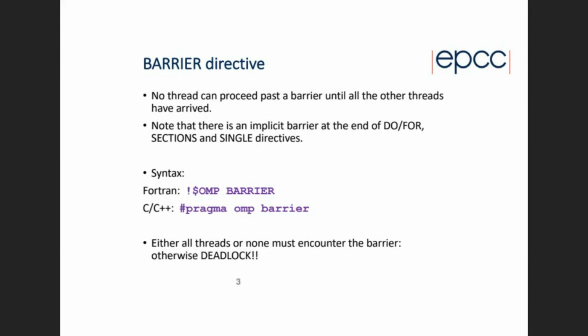It does not have a block of code associated with it, and so it really just says, at this point in the code, do a barrier synchronization between all the threads. No surprises in the syntax: exclamation mark $OMP barrier in Fortran, hash pragma OMP barrier for C and C++.